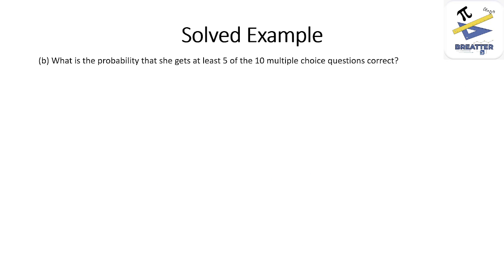Now what is the probability that she gets at least 5 of the 10 MCQs correct? So in a multiple choice question there are 4 options available: A, B, C, D. Out of 4 only one is correct. So the probability of success p is equal to 1 by 4, that is equal to 0.25.